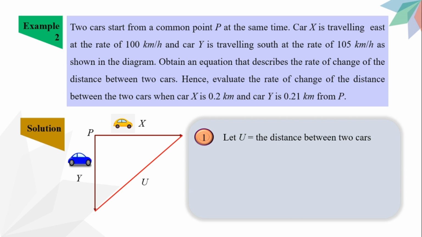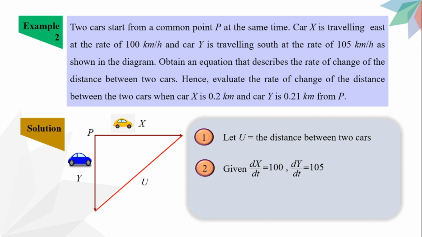Next step, identify the known and unknown rates. We are given the rate of car X is 100 km per hour, and this can be written as dx/dt equal to 100. And for car Y, it is dy/dt equal to 105.